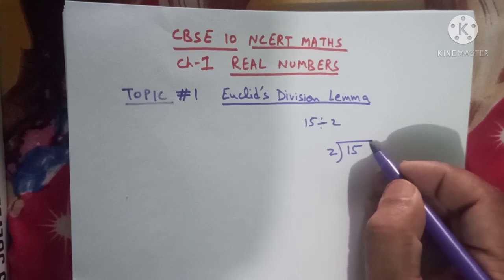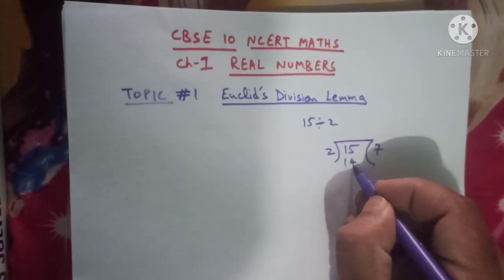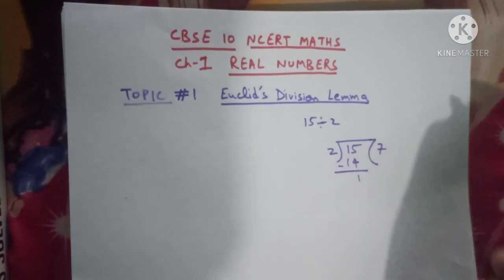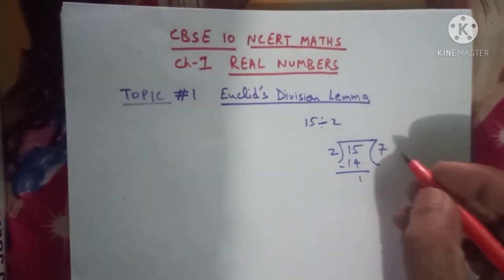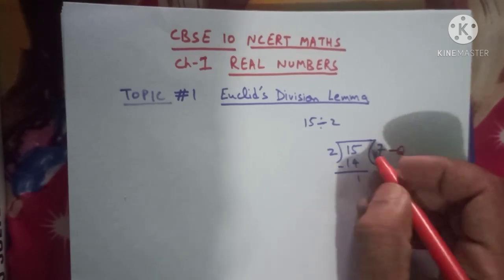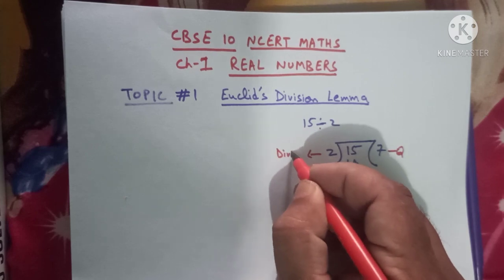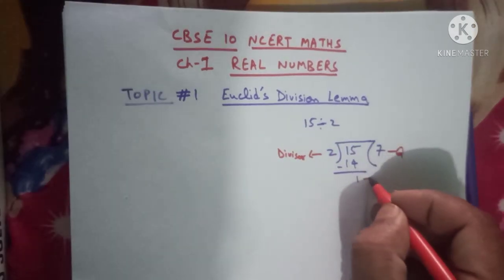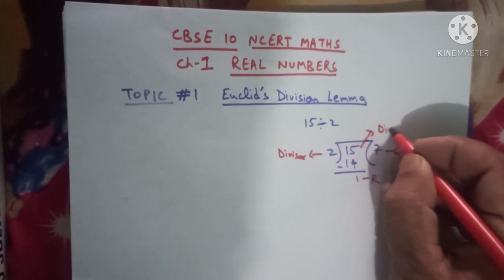When we divide 15 by the divisor 2, 2 sevens are 14, so we have got the remainder as 1. So this is the quotient, this is the divisor, this is the remainder, and this one is the dividend.